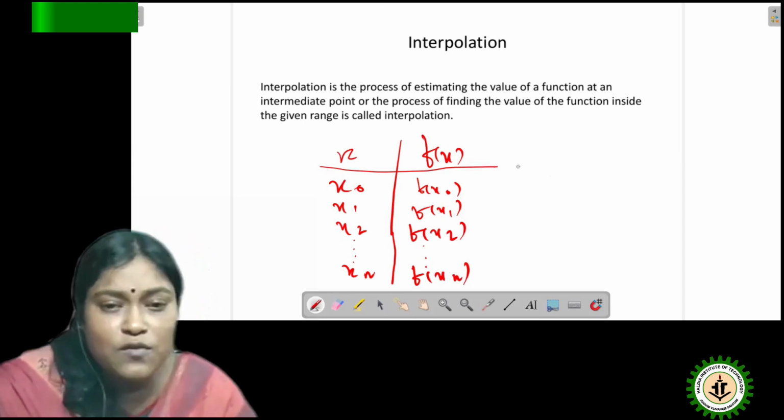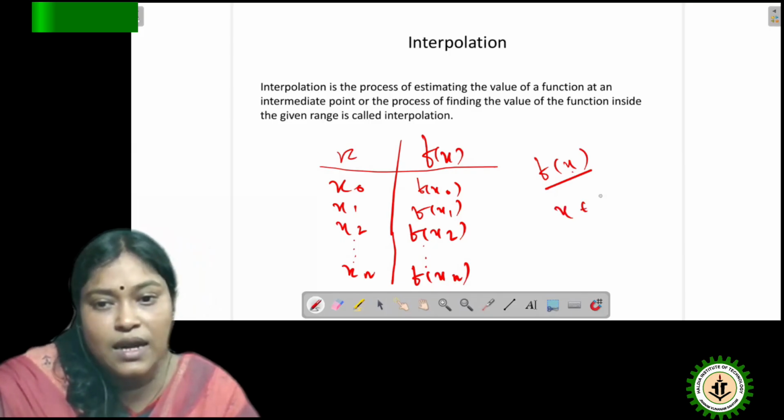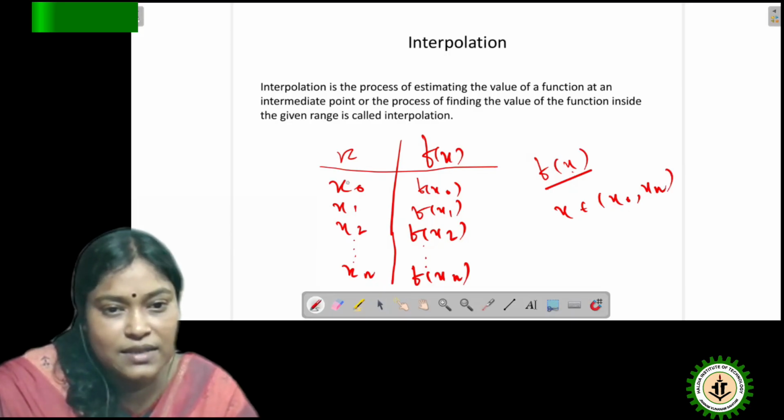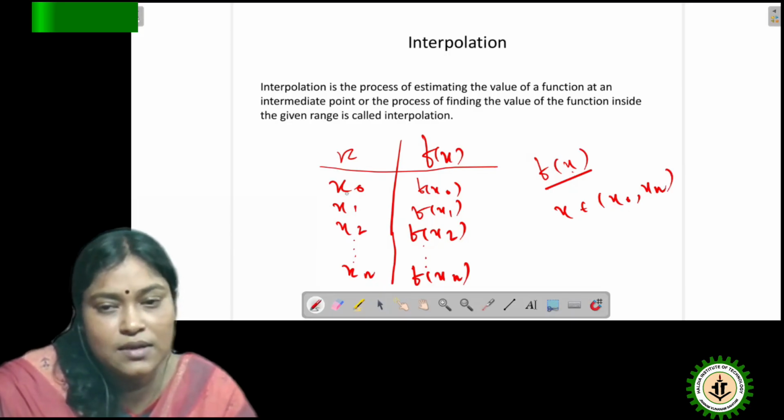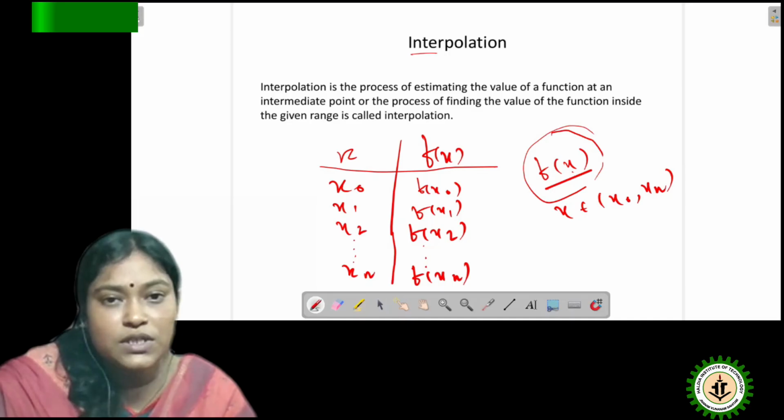Now, suppose we want to find some functional value f(x) where this x lies within the interval x0 to xn, other than the given points. The process by which we can find this functional value f(x) is known as interpolation.